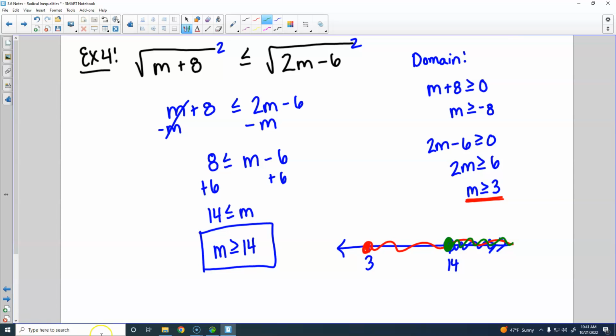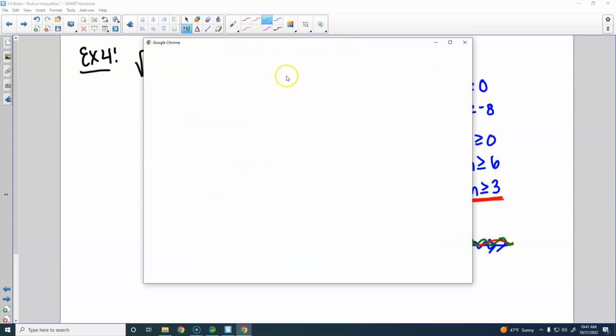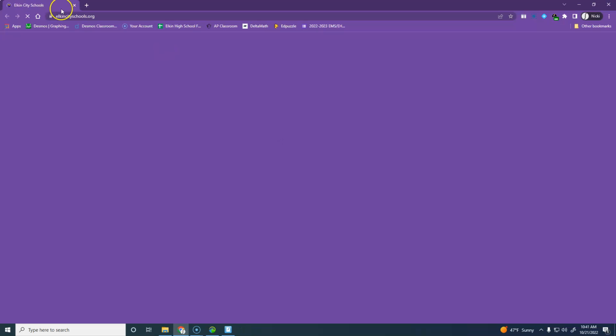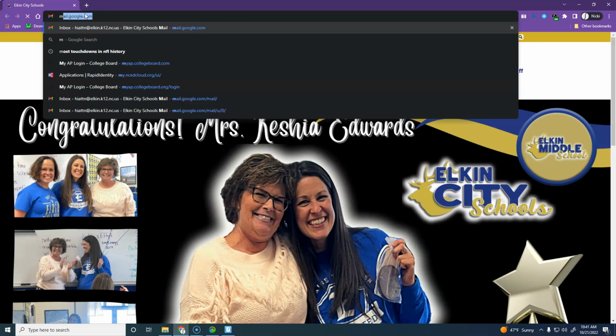Okay, so your assignment for today is on Canvas again like it was last night. It's just a picture of a textbook page.